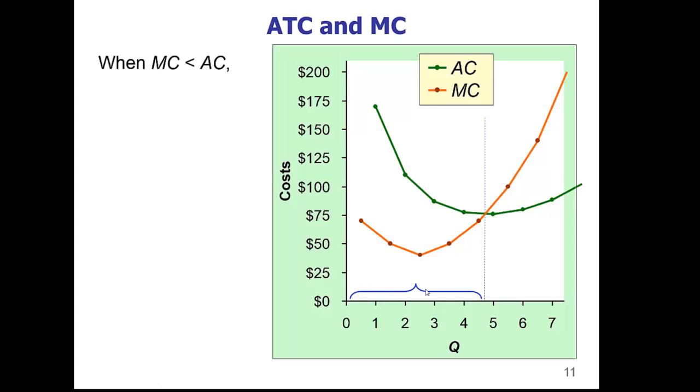Whenever marginal cost for a given quantity is less than average cost, then average cost is going to fall. If the average cost of producing the second unit is a little over $100, but the marginal cost of producing the third unit is less than $50, then what's going to happen to the average?